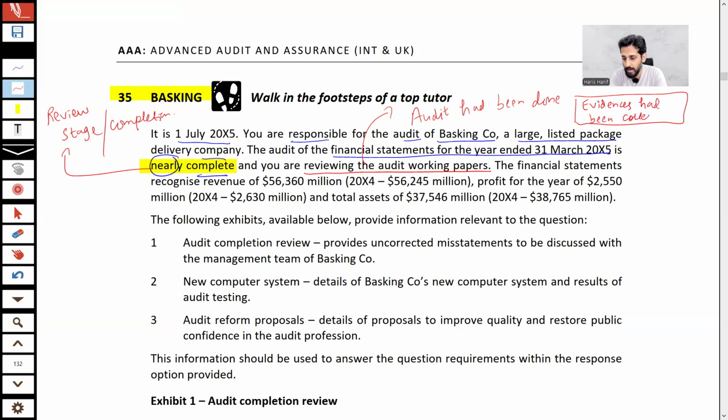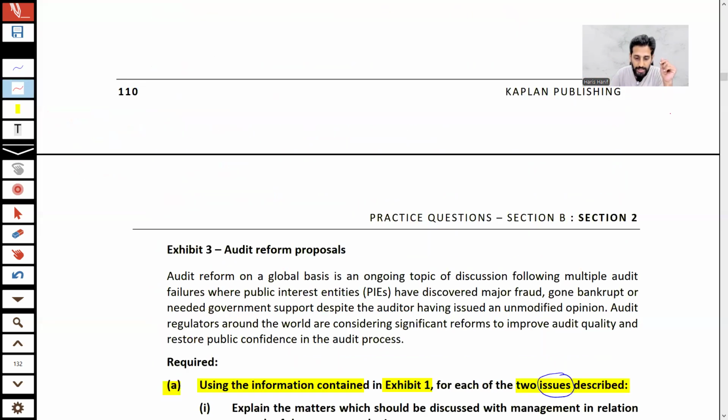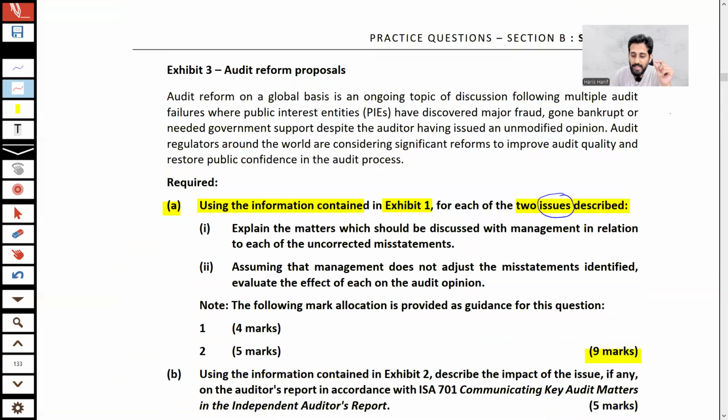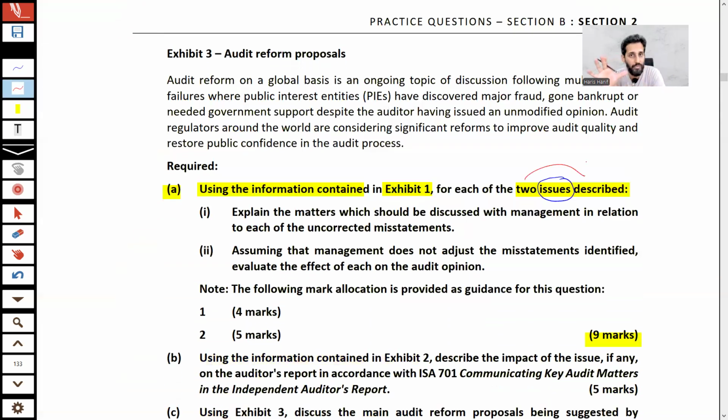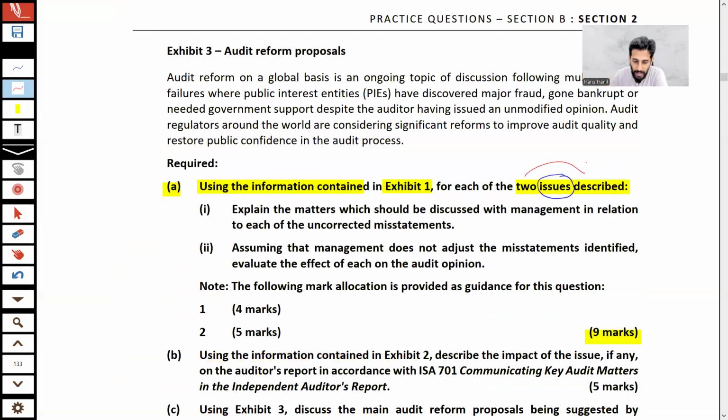That's a very, very simple point. There are basically 2 issues and you are in the review phase. That's a very simple and clear-cut point.